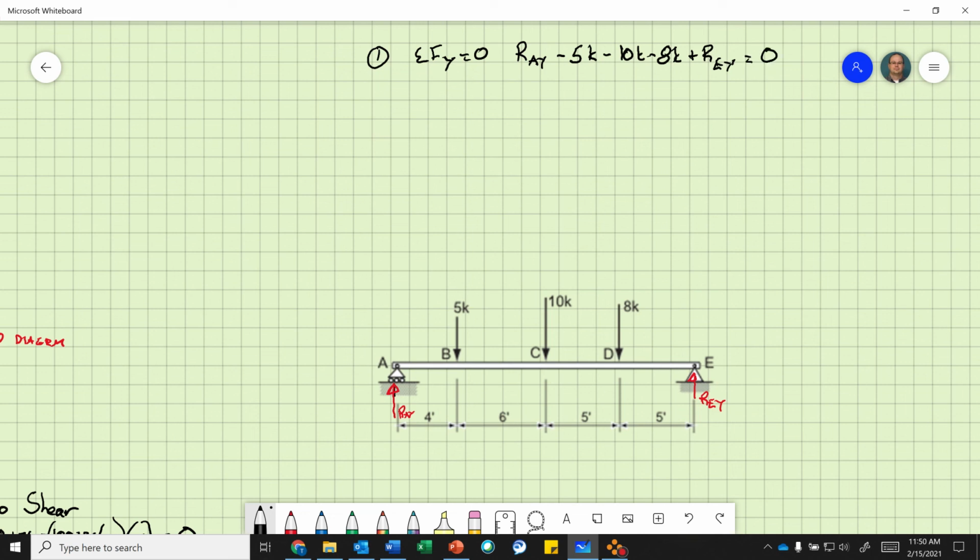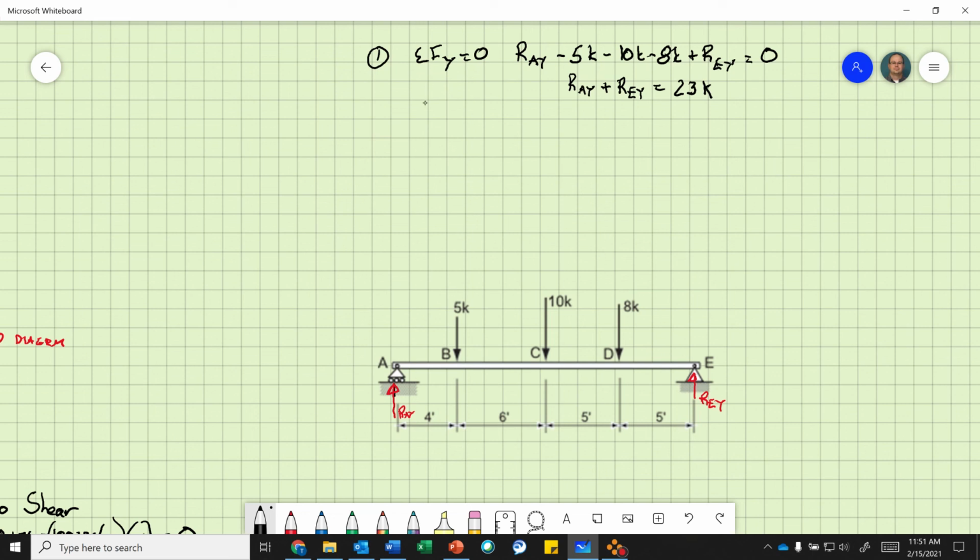So if I reduce this equation, the reaction at point A in the y direction plus the reaction at point E in the y direction has to equal, so 10 plus 5 is 15 plus 8 is 23, and that turns positive when I move it over to the other side of the equation.